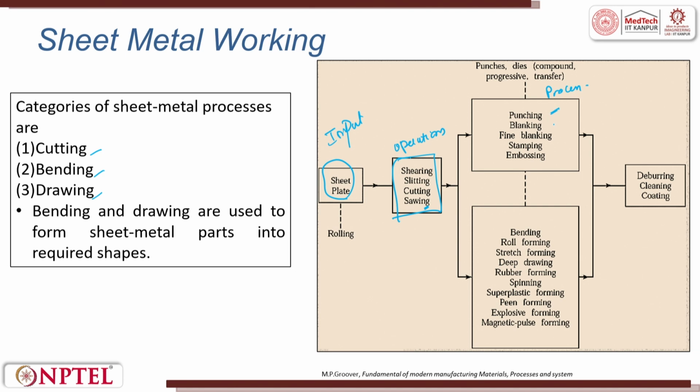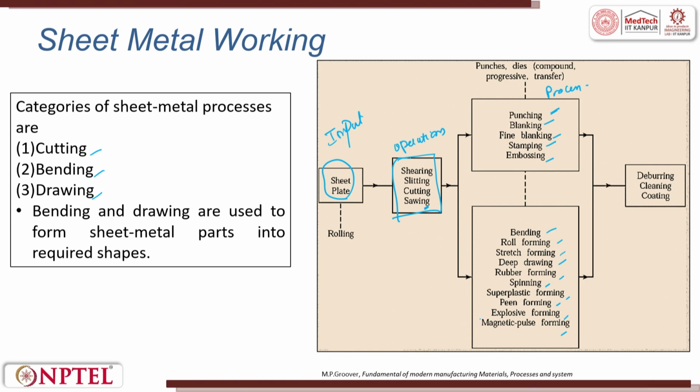So, punching is one process, blanking, fine blanking, stamping and embossing. When we look at the other spectrum, here we have bending, roll forming, stretch forming, deep drawing, rubber forming process, spinning, superplastic deformation, pin forming, explosive forming and magnetic pulse forming.